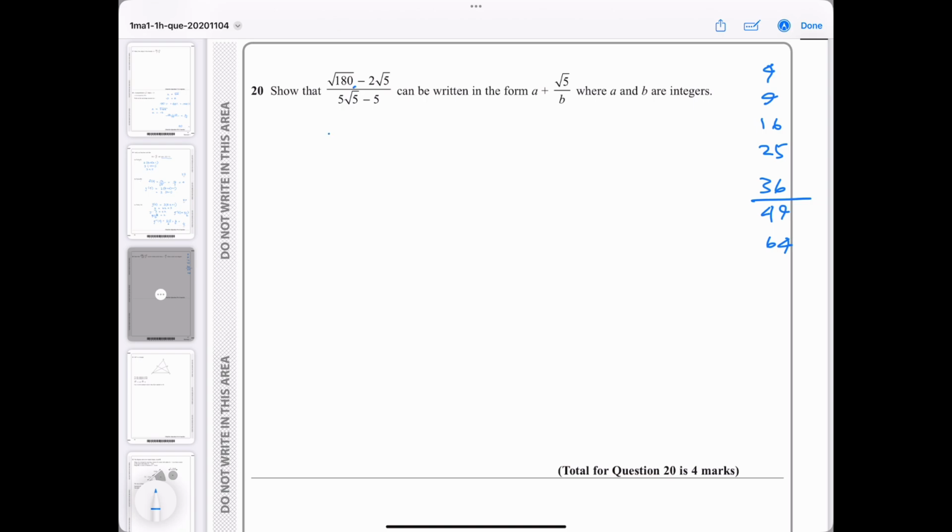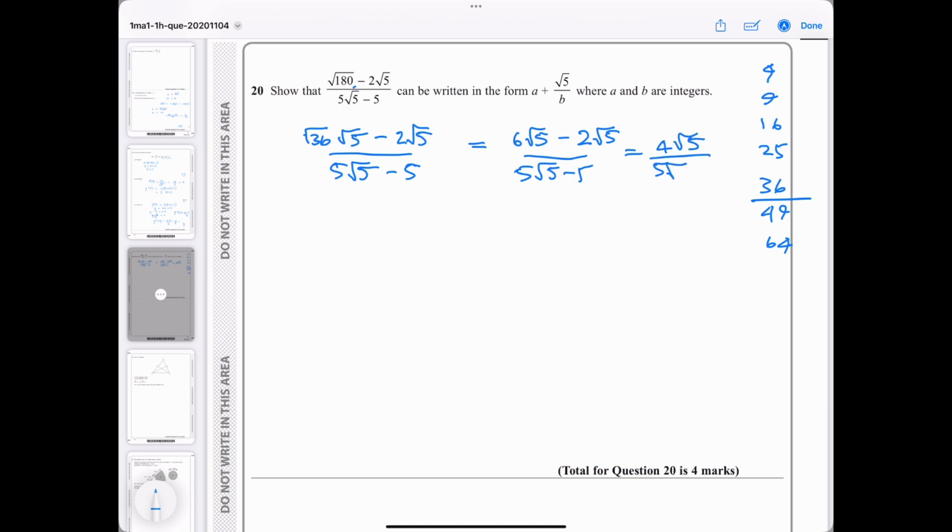So we could say root 36 root 5, minus 2 root 5, over 5 root 5 minus 5. And then that makes 6 root 5 minus 2 root 5, over 5 root 5 minus 5, and that's 4 root 5 over 5 root 5 minus 5.